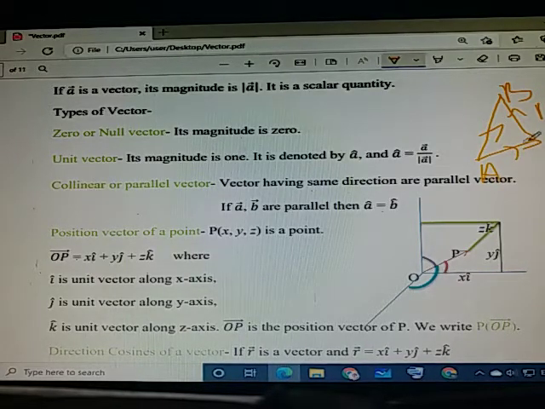Similarly here, O is the starting point, then you go xi, then yj, then zk, and you arrive at P. So it is the sum of xi, yj and zk, and it is the vector OP. This is our position vector.